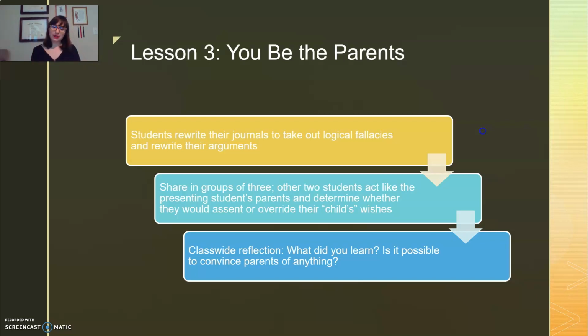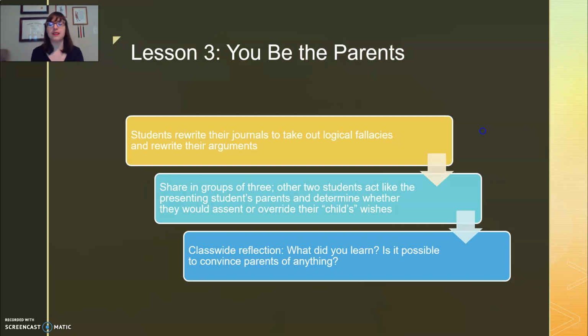So the other 2 students would act like they're the parents and determine whether they would assent to what the kid is saying or override their child's wishes. Now, I'd instruct the students to really think of themselves as caretakers, guardians, really think like parents, and enforce strict guidelines. And I anticipate that this would be a really fun way to test all that out.